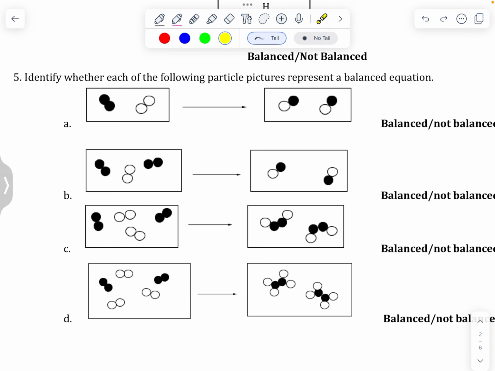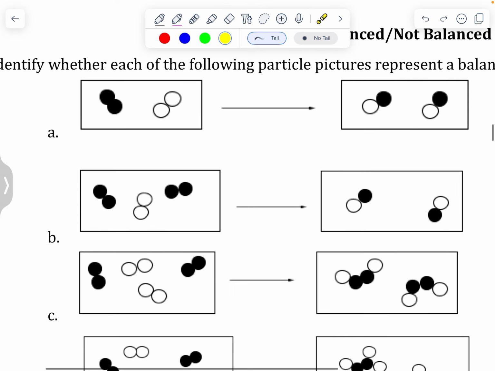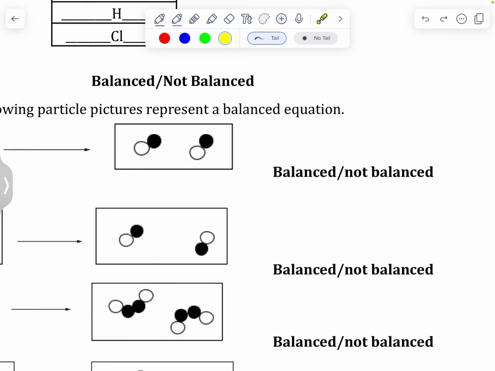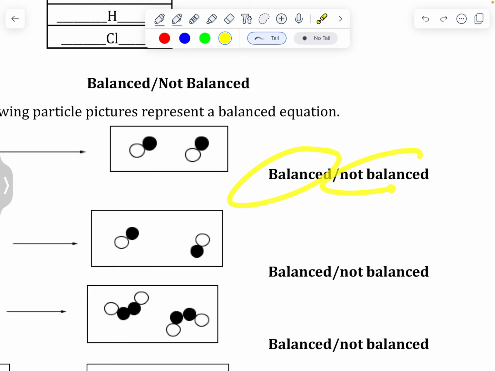For 5, you are looking at particle pictures. So it does not mean that I need to have the same type of substance on both sides. It does mean that I need to have the same number of each color on both sides. So if I have 2 clear circles on the left, I should have 2 on the right. And then circle balanced or not balanced.